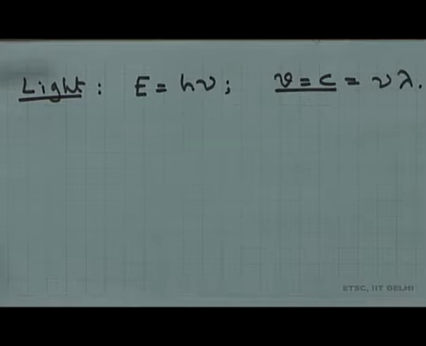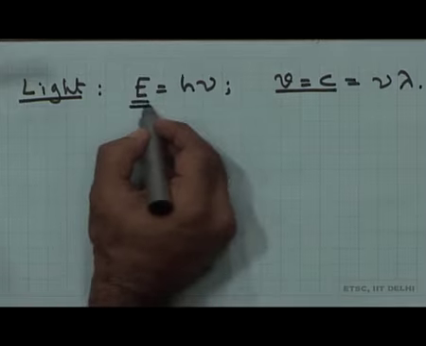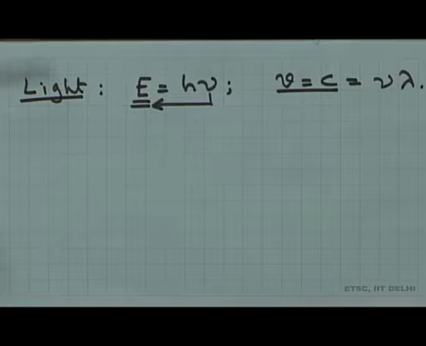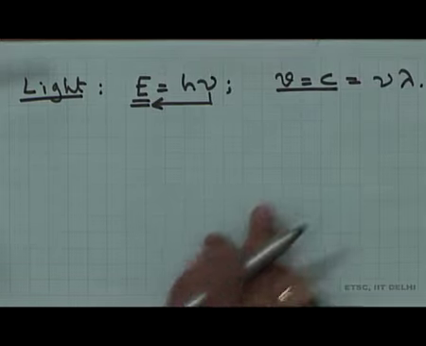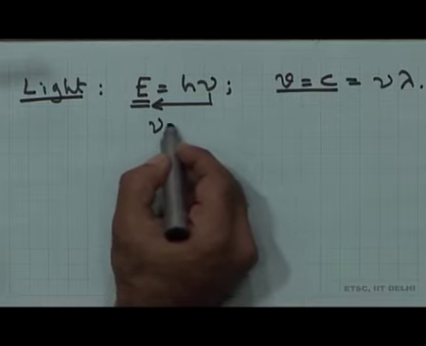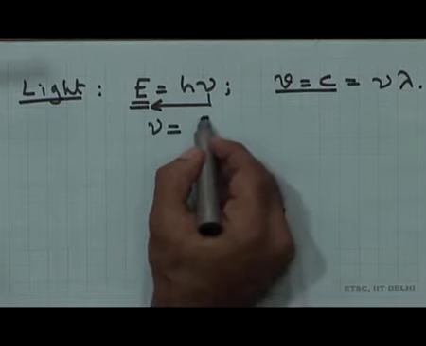In other words, when we associate an energy E with a frequency nu, we are also associating the same energy with a wavelength, because after all nu is nothing but c by lambda.